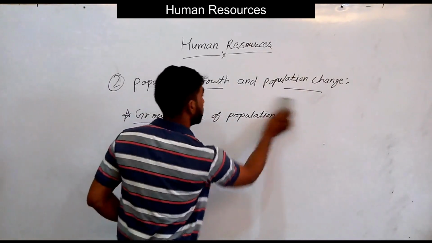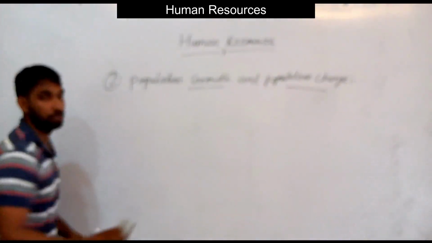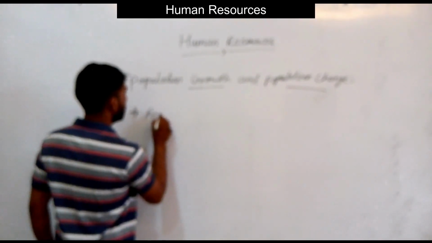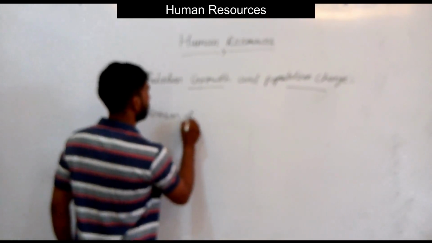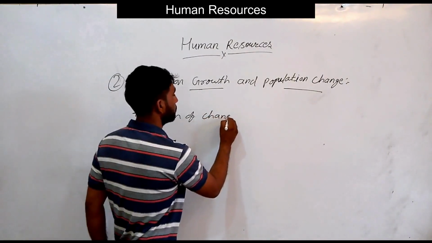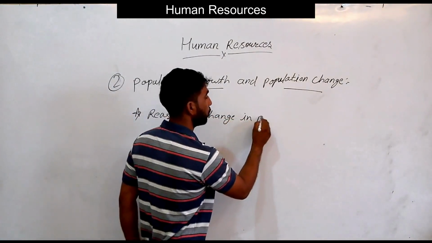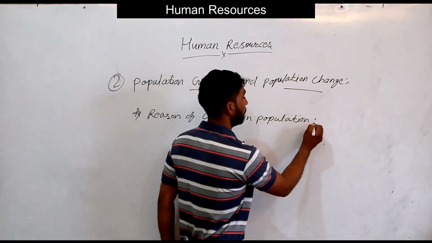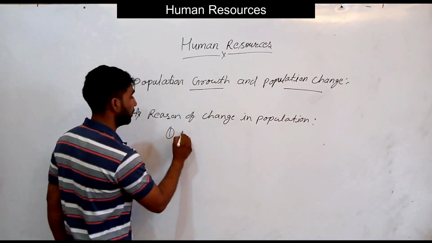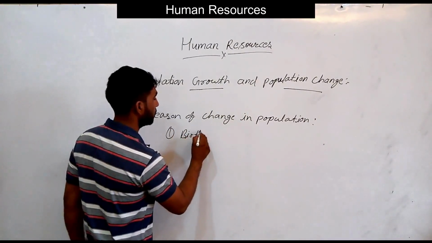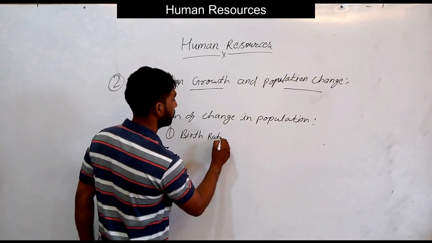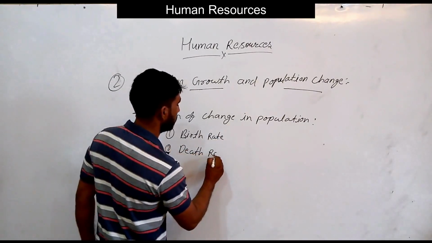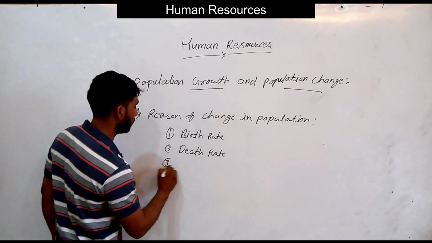We have discussed the reasons of change in population. We have three reasons. First one, birth rate. Second one, death rate. And third one, migration.